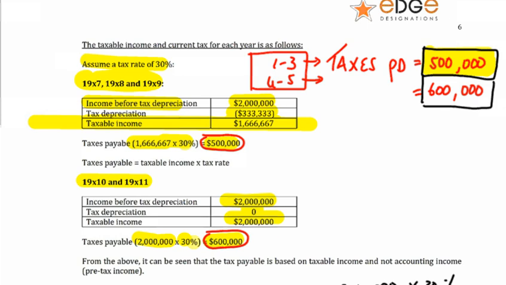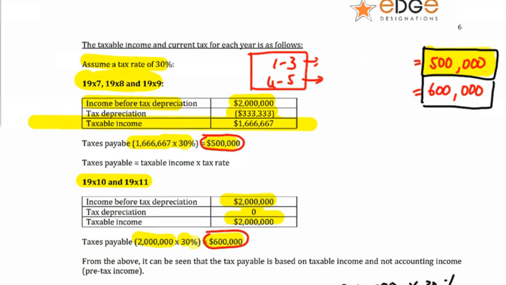Why is that? Well, that's because in years 4 and 5 I don't get any deduction, because I've already taken all of the tax depreciation in years 1 to 3. So in years 4 and 5, what's going to happen? I'll pay more tax then. What happens in years 1, 2, 3?